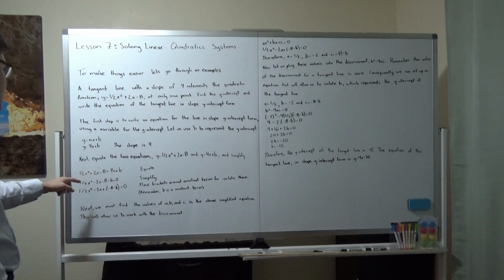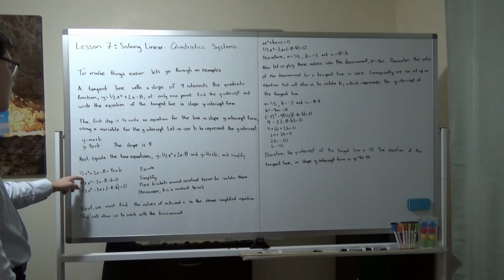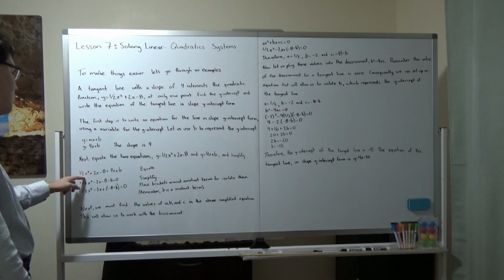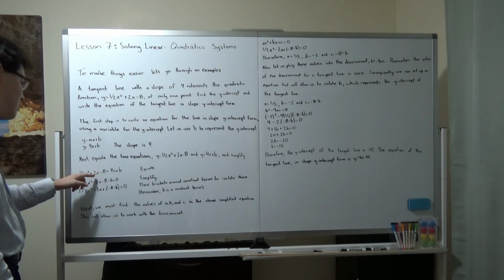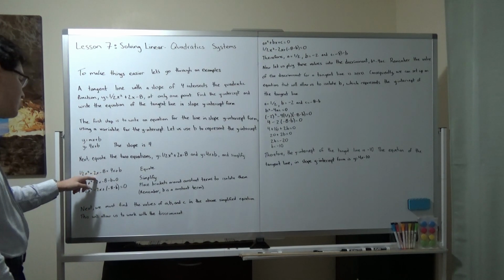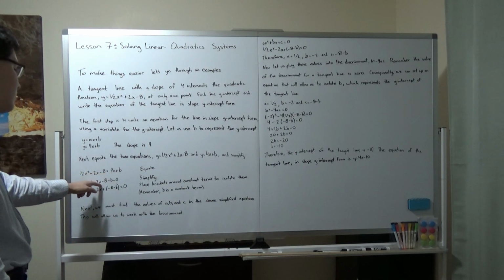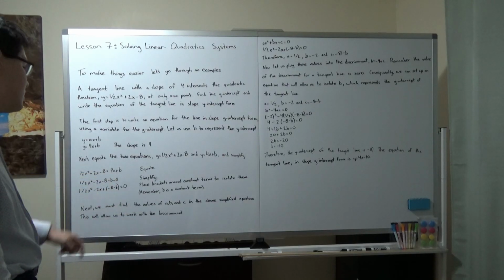We bring everything to the left side because 1/2 is the coefficient of the x squared term on the left side, and it's positive. So we bring 4x to the left side, we get minus 2x, because plus 2x minus 4x is negative 2x, minus 8 minus b equals 0.